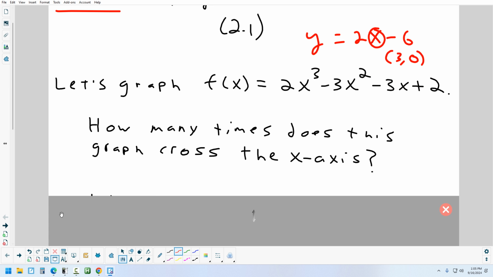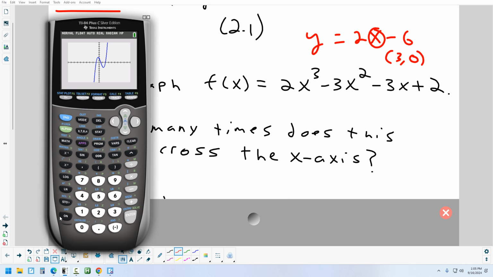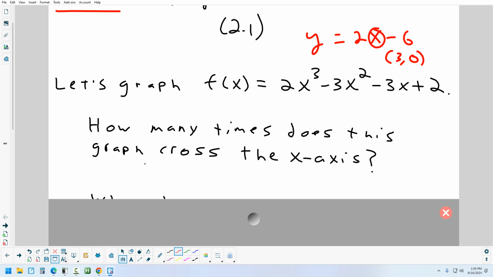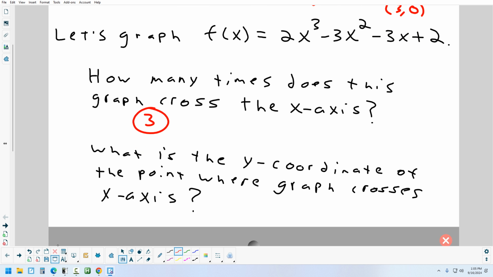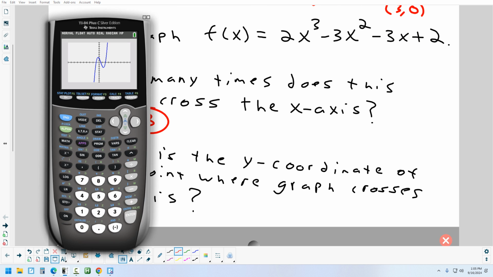And the question was, how many times does that graph cross the x-axis? Yeah, 3 times. Now, if we knew the coordinates of those 3 points, what would the y value be for each one of those coordinates where that curve crosses the x-axis?